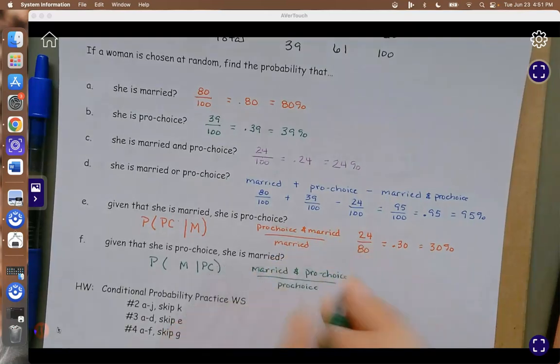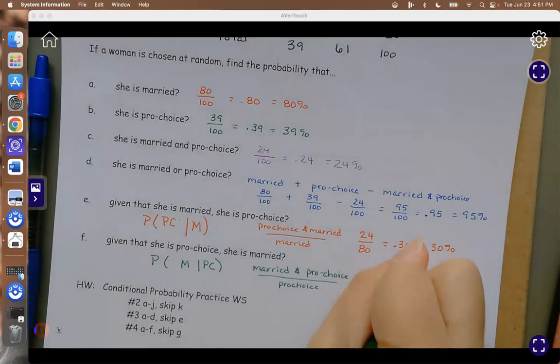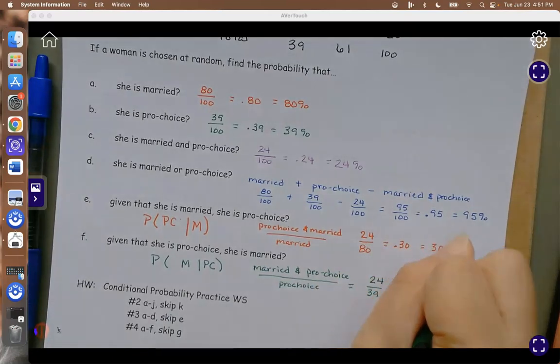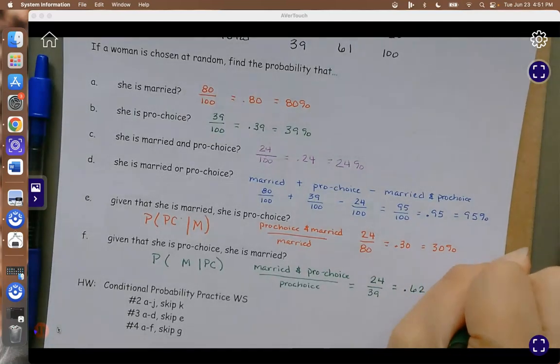So married and pro-choice is 24. Pro-choice is 39. That's going to be 0.62, which is 62%.